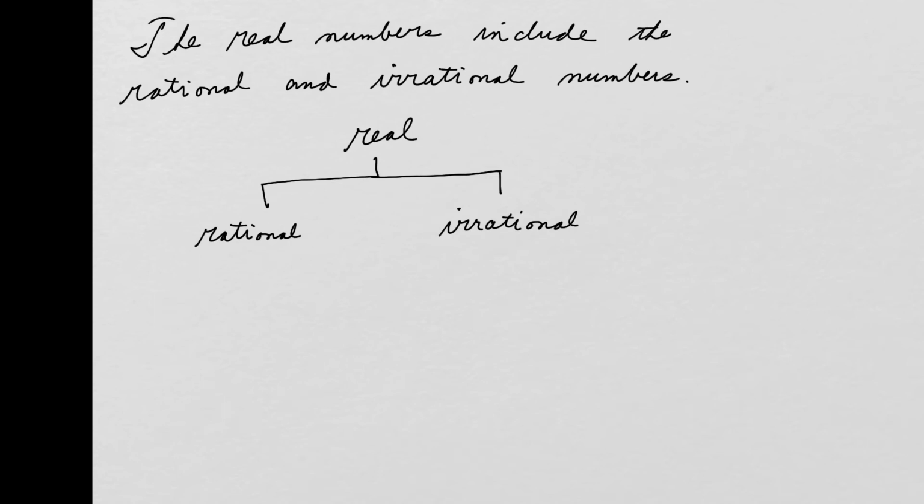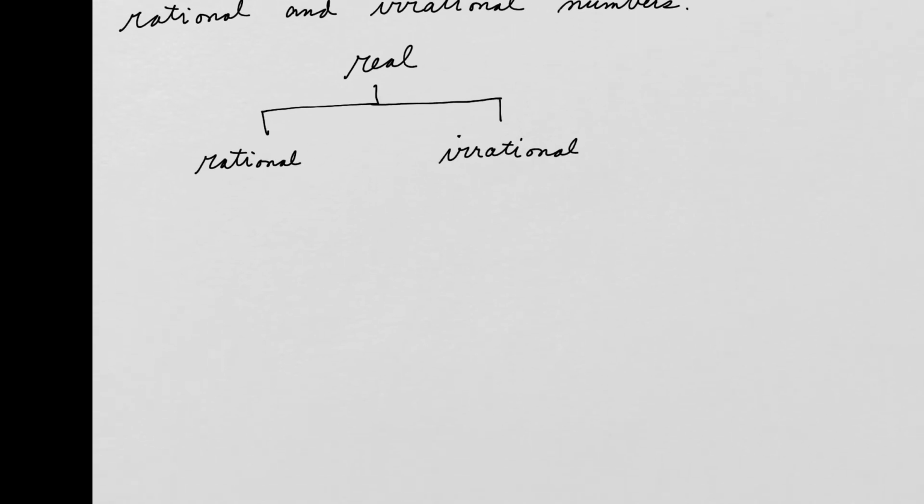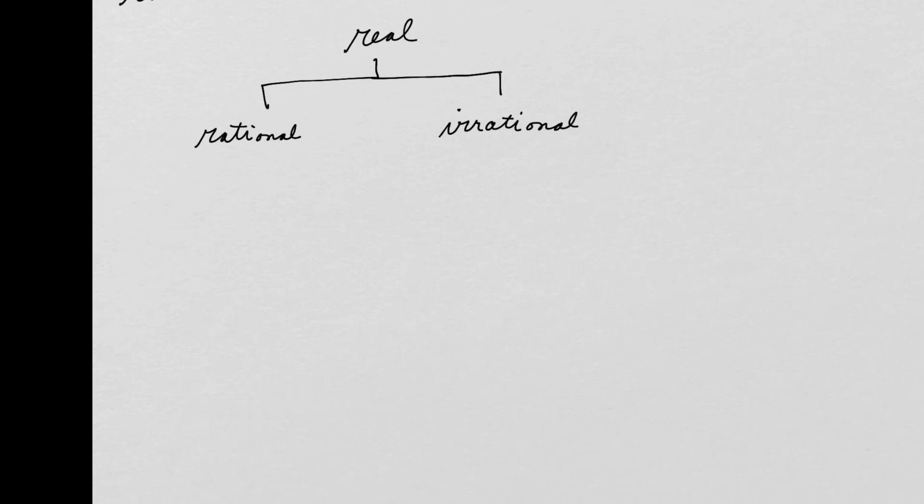Remember, irrational can't be written as a fraction, and if you put them in decimal form, they neither terminate nor repeat. And then we could go further here on the rational. The rational include the integers. It's like a subset. Then the integers include the whole numbers, and the whole numbers include the natural numbers.